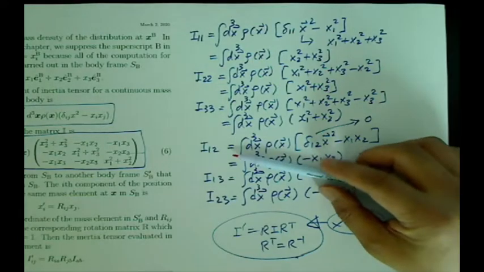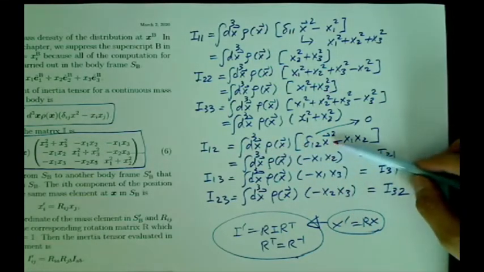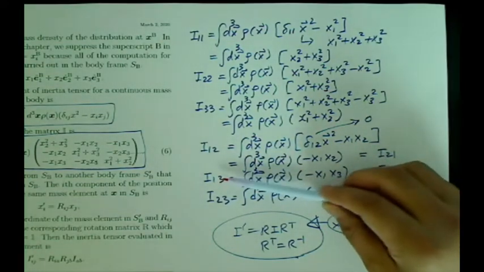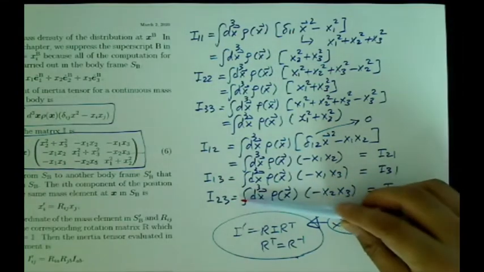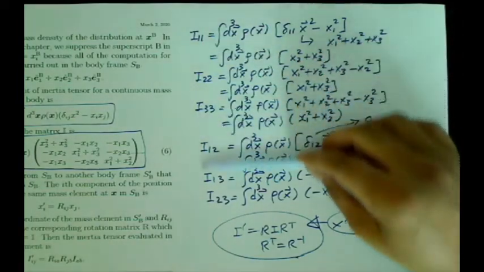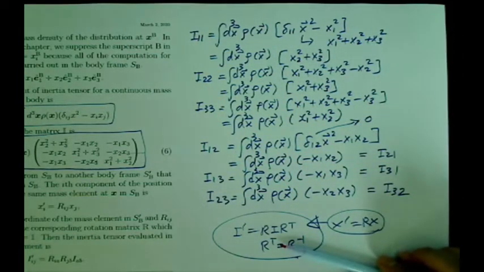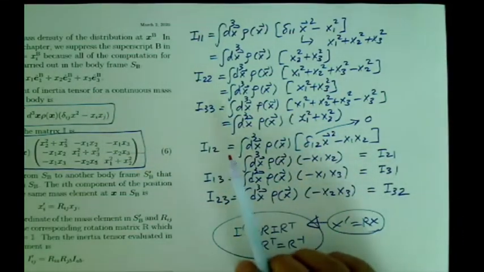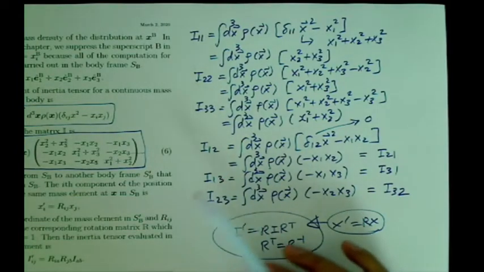Therefore, the off-diagonal components are always a minus product of the two components: 1, 2, x1 x2; 1, 3, x1 x3; 2, 3, x2 x3. It is manifest that all of the contributions are symmetric. By definition, it is a symmetric matrix, so we do not have to compute everything. We can make use of the symmetry of the system to find the complete expressions as quickly as possible.